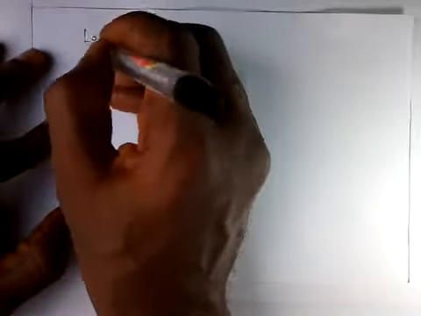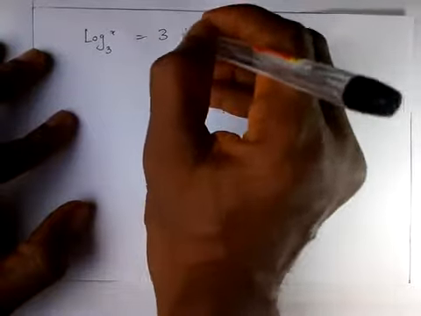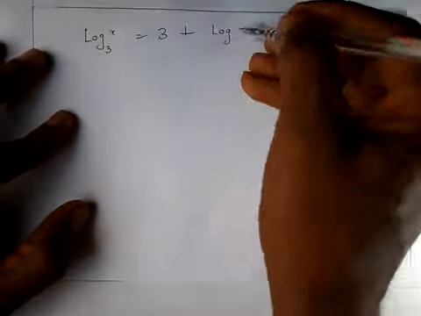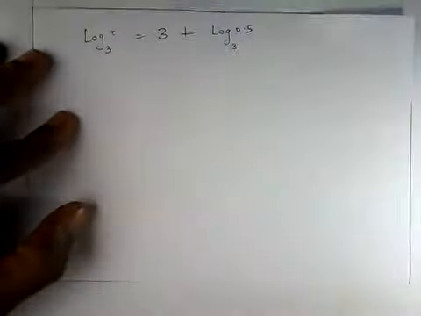The next question we want to solve is log s to base 3 is equal to 3 plus log 0.5 to base 3.